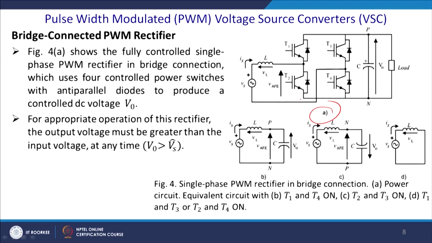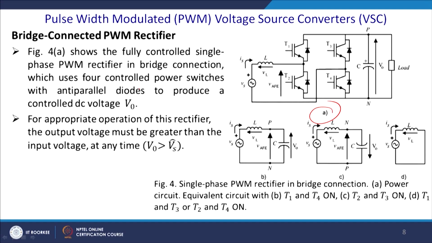Now, let us come to the pulse width modulated PWM voltage source converter. Let us take the full bridge converter. Figure A shows the full bridge fully controlled single phase PWM rectifier, which uses fully controlled power switches with anti-parallel diodes.